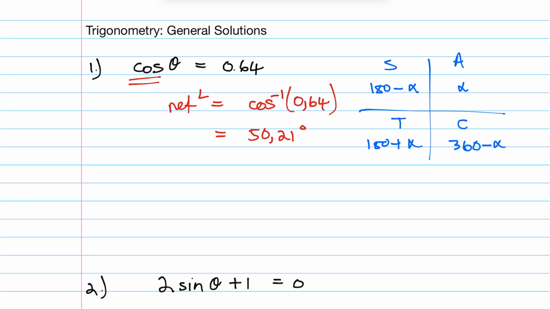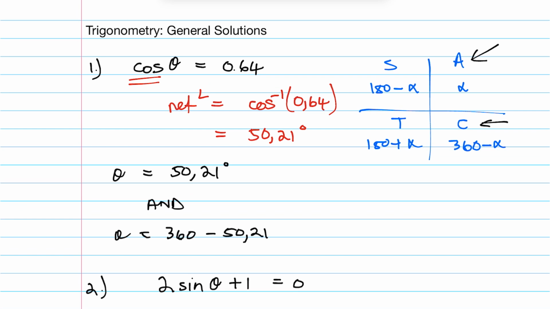To solve theta here, I'm going to say, since cos is positive in the first and fourth quadrant, theta is equal to alpha, the reference angle, so that's 50.21 degrees, and I'll also say theta is equal to 360 degrees minus our reference angle, 50.21 degrees.